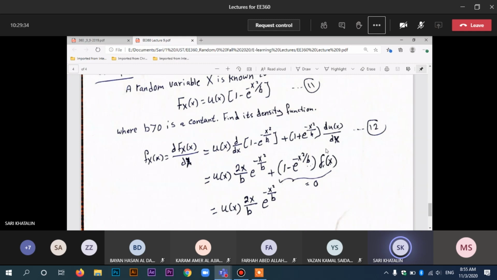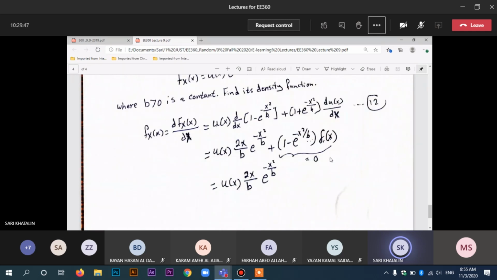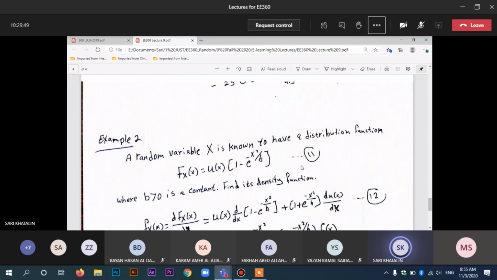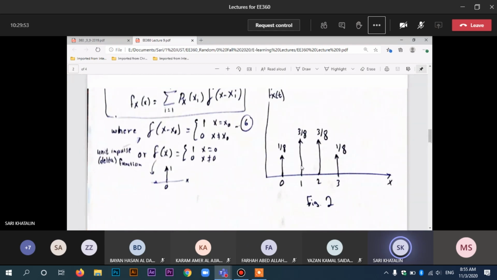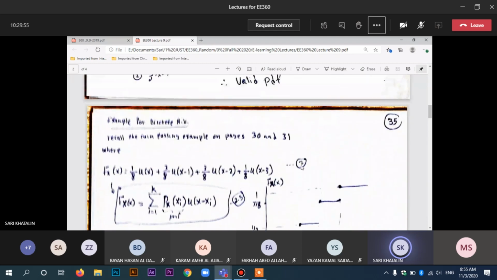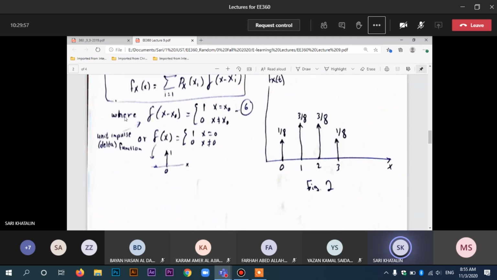As we said two pages ago, I guess, the derivative of the unit step function is equal to the impulse function. Let's go back and see what the impulse function is all about. If you go back to page 35, I'm showing you the impulse function in equation 6.